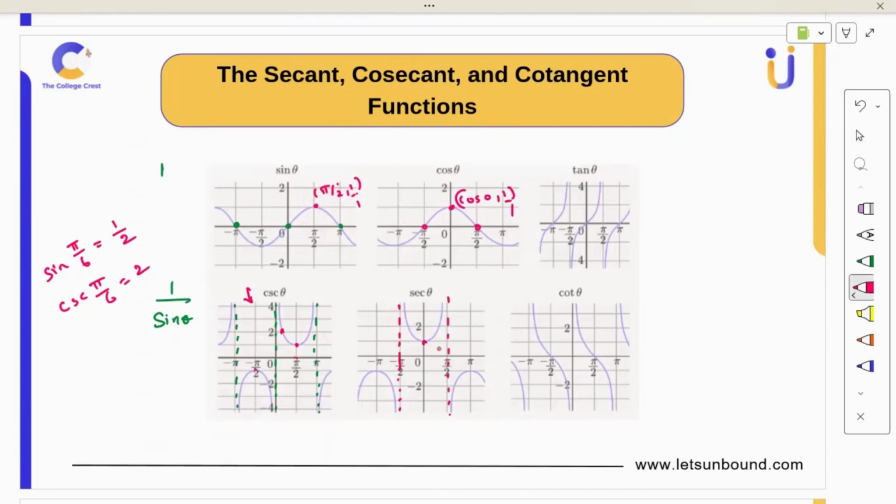So we have the same thing. Then cos pi by 3 would be 1 by 2. I'm just taking some easier values. So your secant pi by 3 will be 2. Got it? This is the way we should sketch the graph.